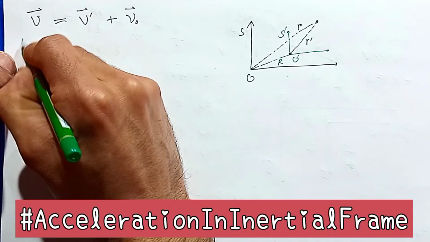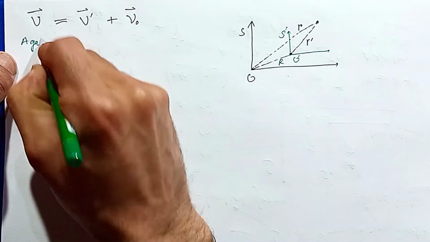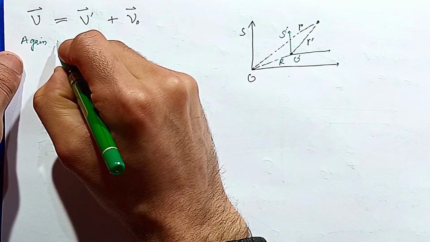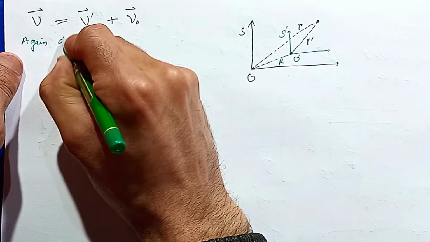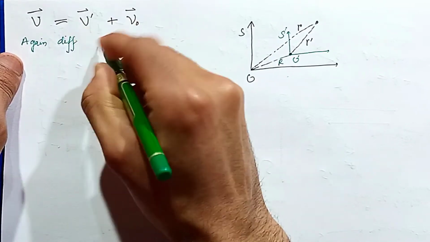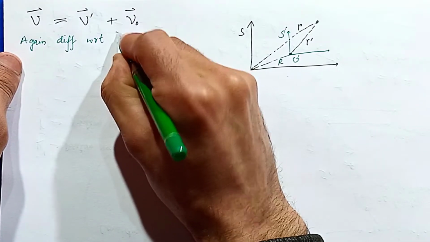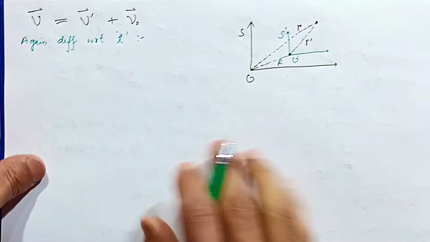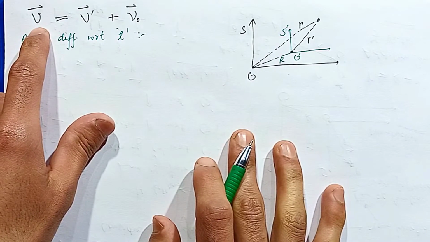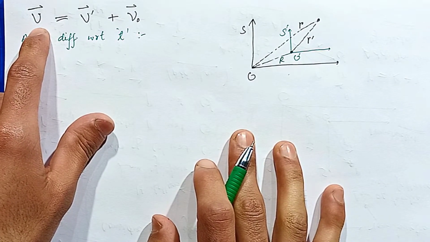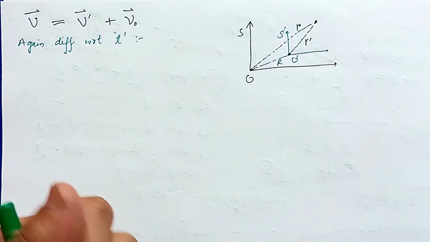Again differentiating this equation with respect to time, because acceleration is the double differentiation of the position vector. On single differentiation we get the velocity. Now we double differentiate it.